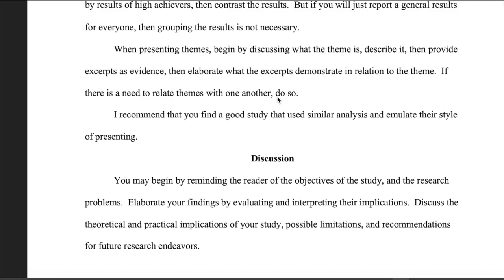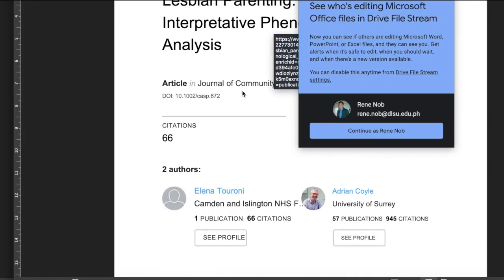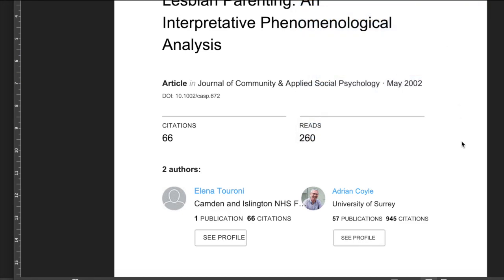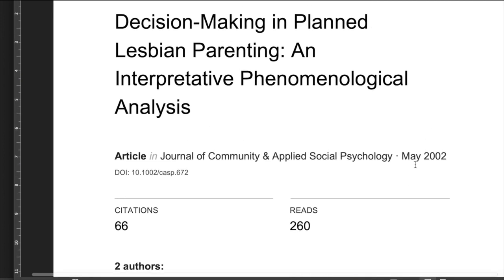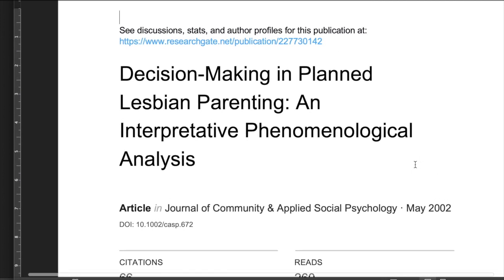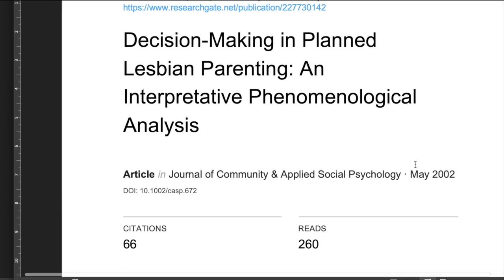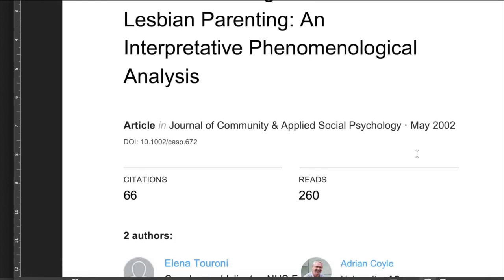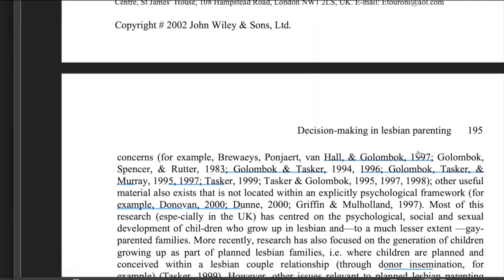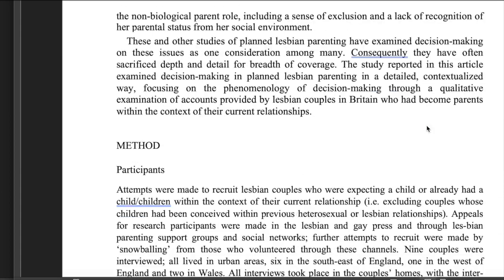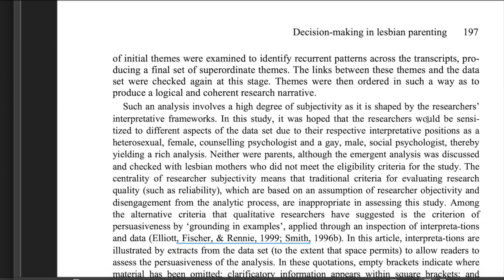So this is a paper about decision making in planned lesbian parenting, an interpretative phenomenological analysis, which is a popular qualitative research design. So let me just show you how they presented their themes.